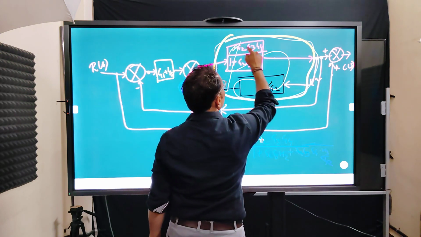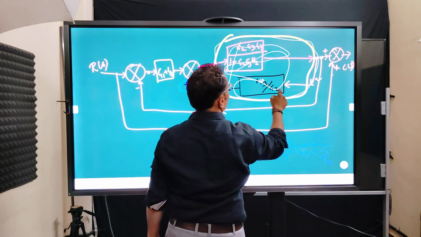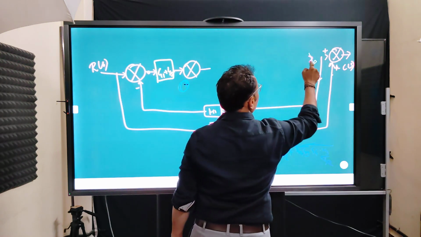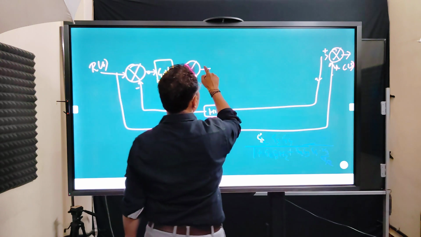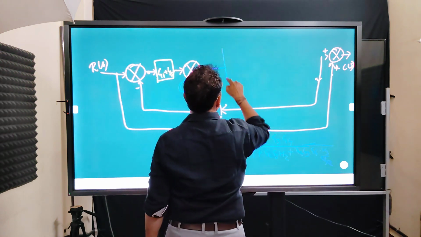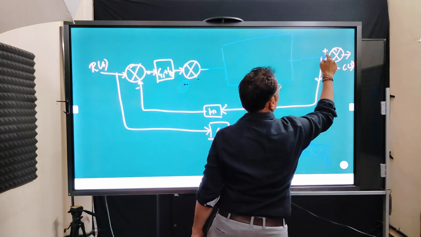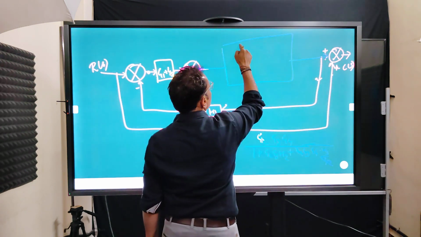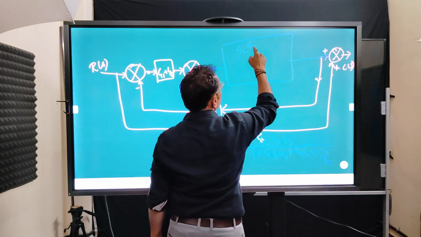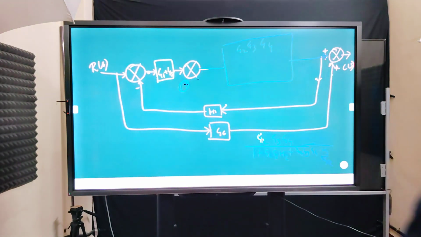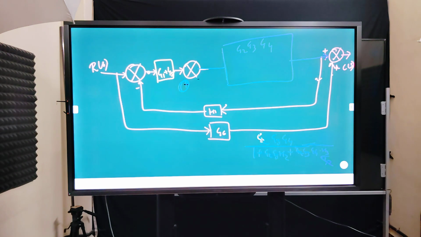Okay, and that block is like this. What will that block be? G2, G3, G4. Let me see whether you are able to identify that.